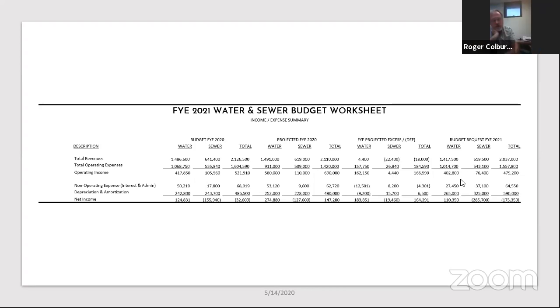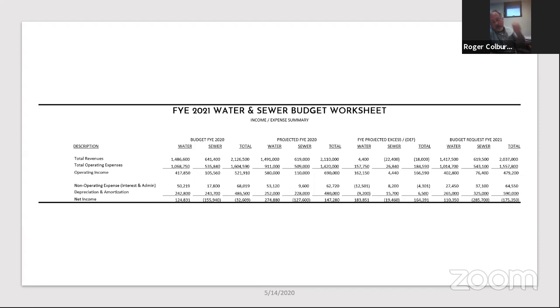So it's kind of alarming on the end line there. I made a comment in that management report to you that, from a manager's perspective, I would love to balance the budget every year. I would, and we've not done that in a while. And this is another proposed deficit budget when you look at the net income down there. The only way to rectify that would be to cut expenses or increase revenues.